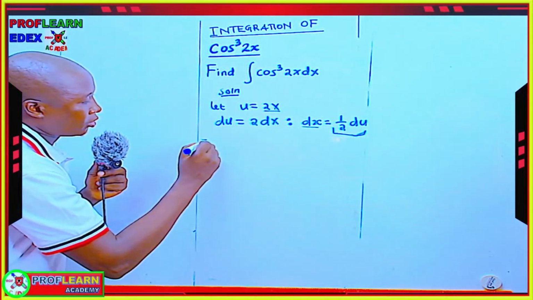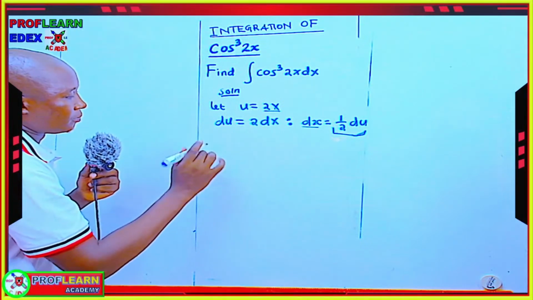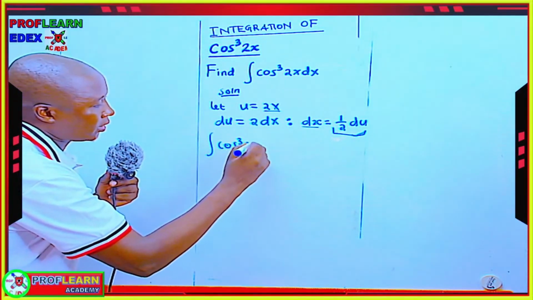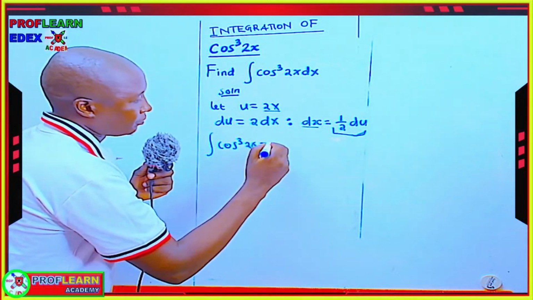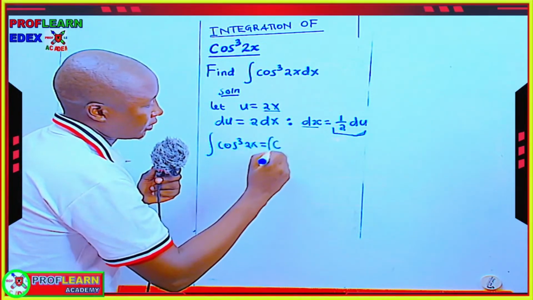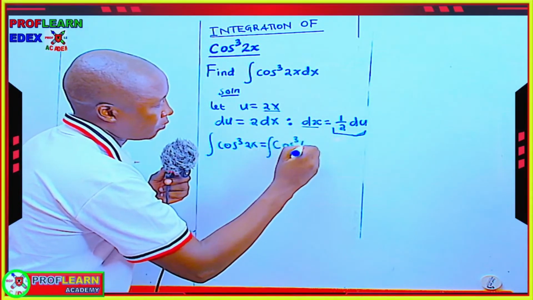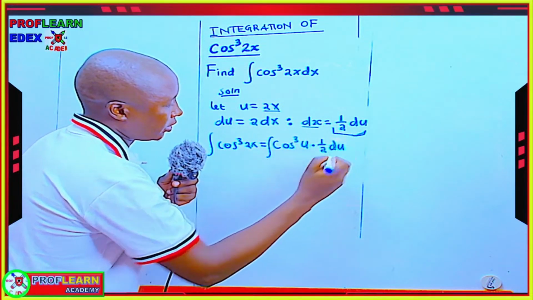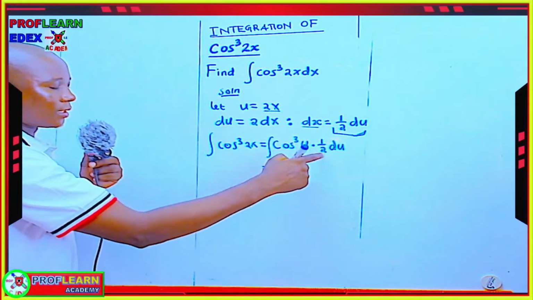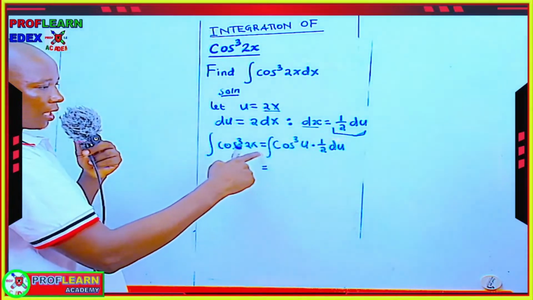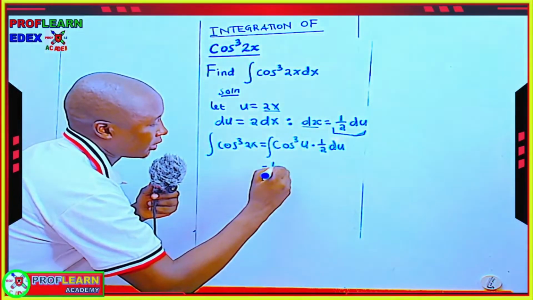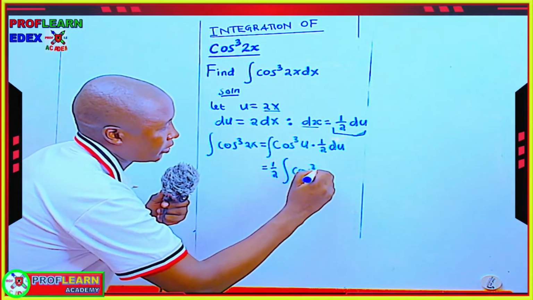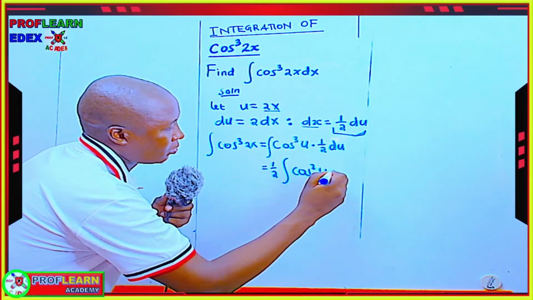So our integral of cos cubed 2x becomes the integral of cos cubed u times 1 over 2 du. Then we can take this constant outside the integral and we shall have 1 over 2 integral of cos cubed u du.